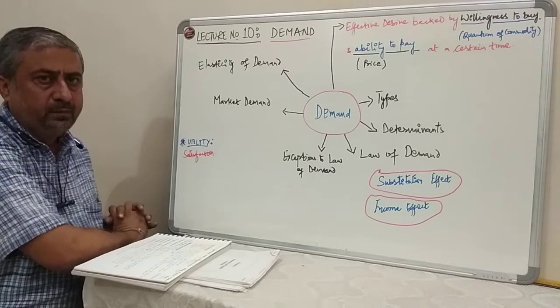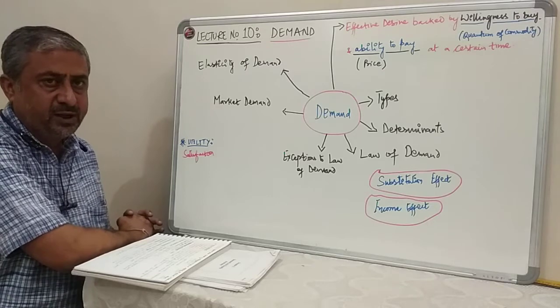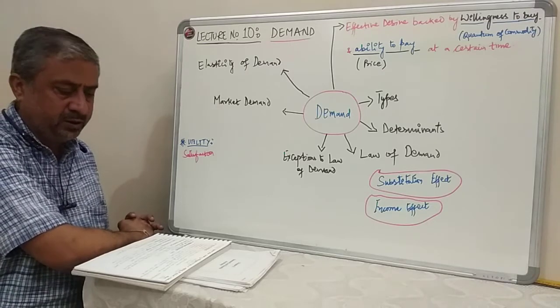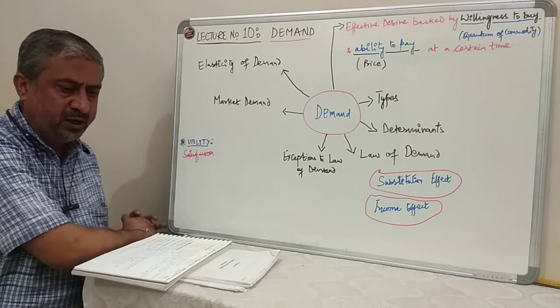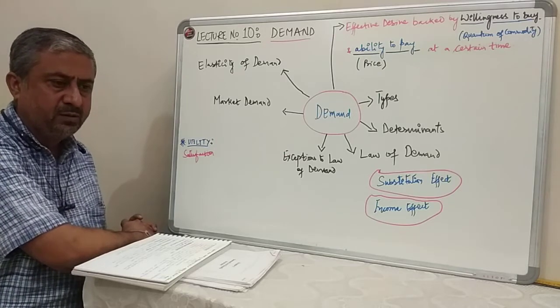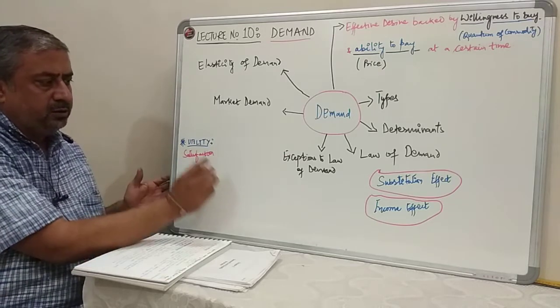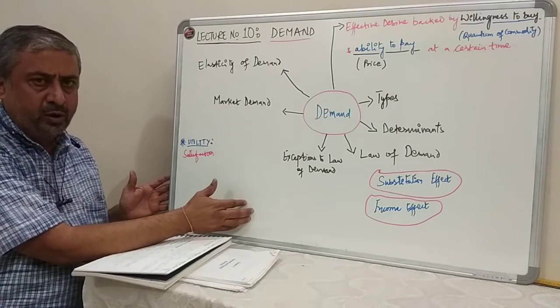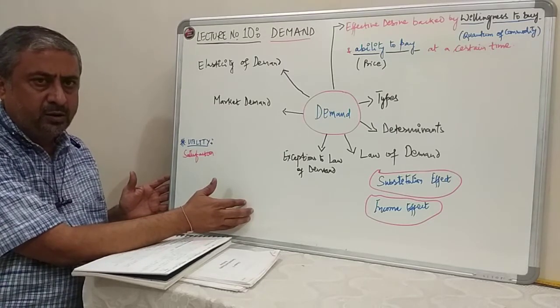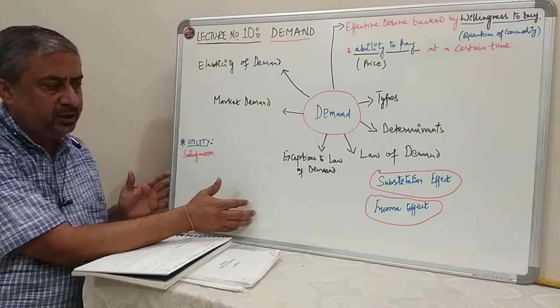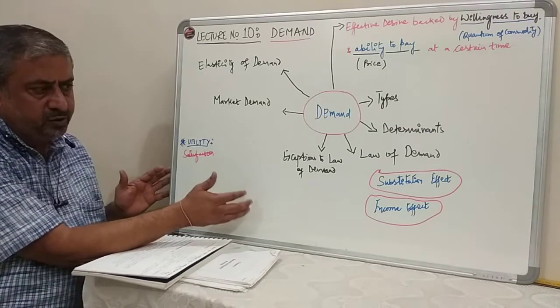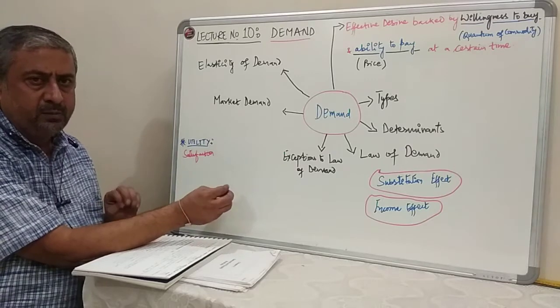Moving on, what is the next thing? Types of demand. How many types of demand are there? The first type of demand is direct demand. Direct means this particular board has a direct demand in its own, in this position only.